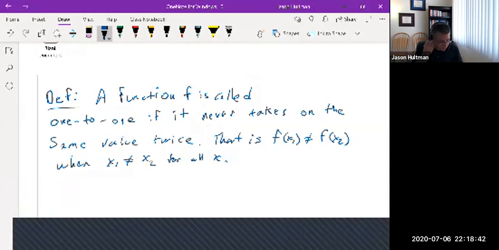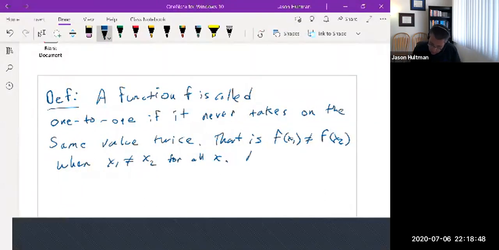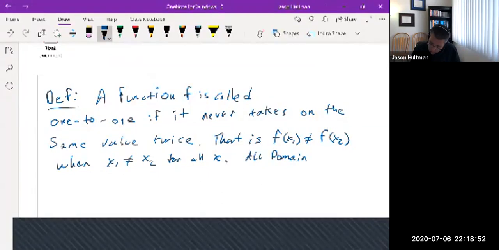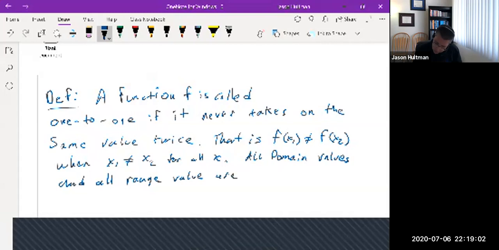How do we talk about this in terms of domain and range? Well, one-to-one means that all domain values and all range values are unique.